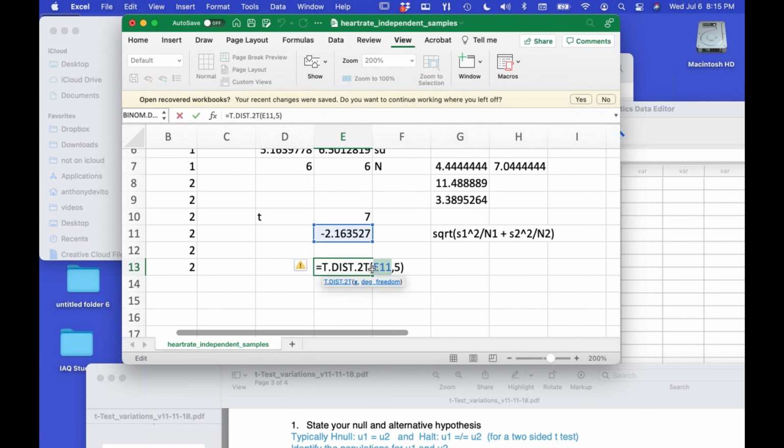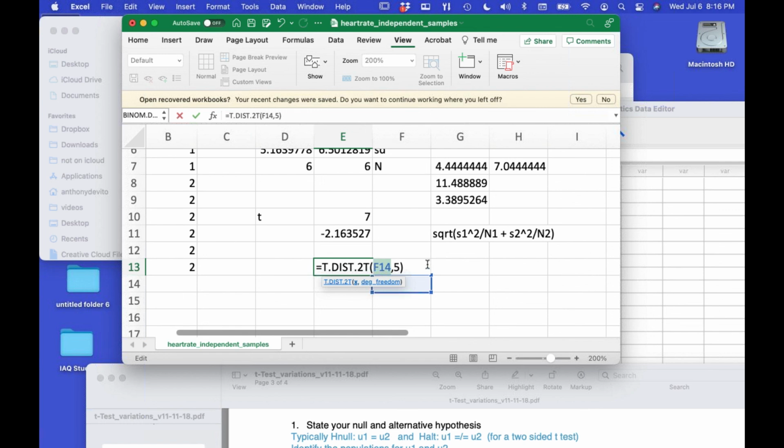All you're interested in is how far apart these two means are, and which one you put in first is irrelevant, right? Because the distance between the two means is still the same. Okay, so that's interesting. I didn't think that would be a problem here. I guess it only works for a positive number. Actually, I'm kind of surprised at that. Let me try minus 1.96. No, it doesn't like that number. What do you know? Okay, guess it's got to be a positive number.